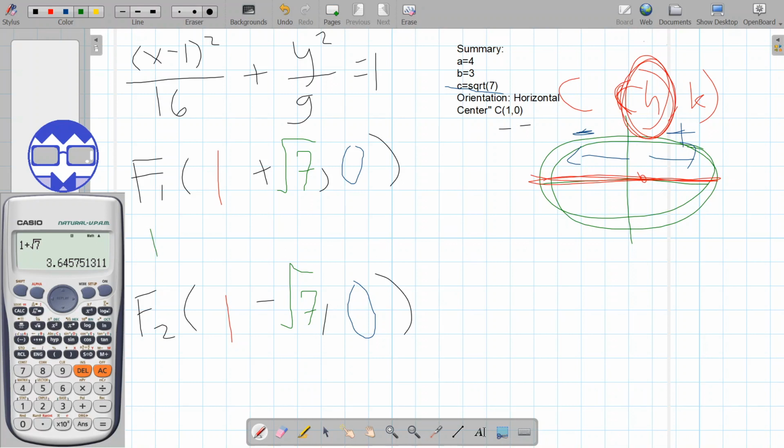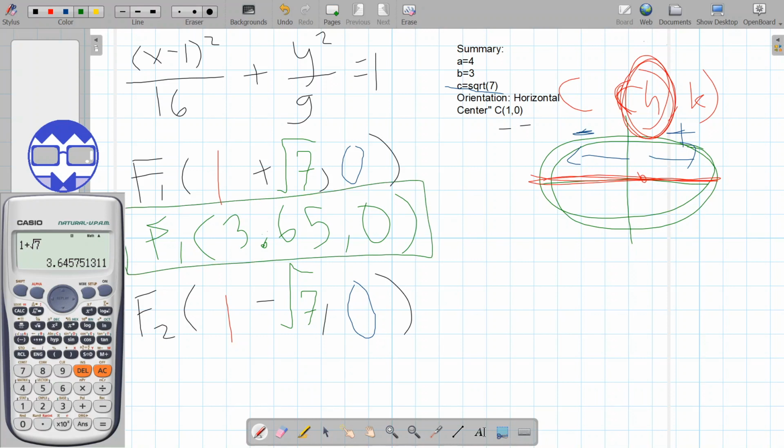So we have F1 is 3.65. Okay, this is the answer for the first focus.